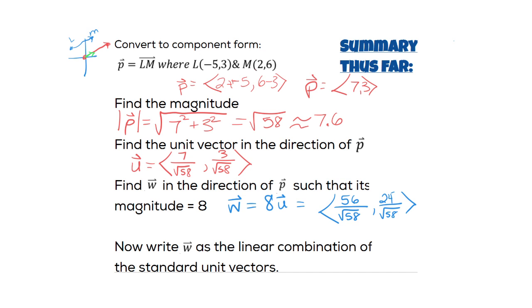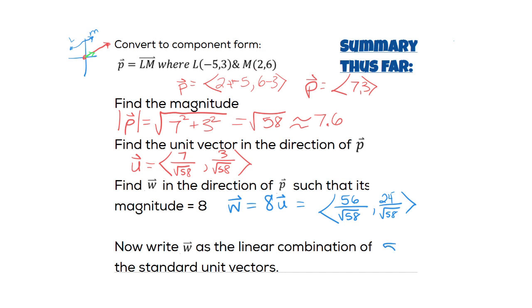So to write it as a linear combination of the standard unit vectors, all we're doing is adding or subtracting, and the standard unit vectors, remember, are vectors i and j. So I'm just going to take the same numbers, but write them differently.